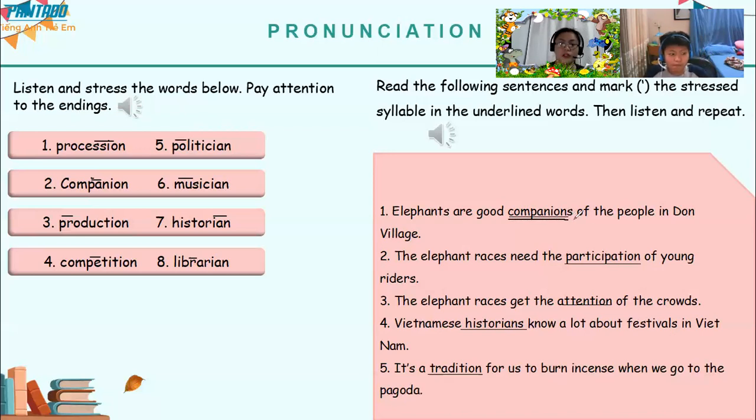But read the sentence first. Elephants are good companions of the people in Don Village. Okay, so the underlined word there is companions. Where should we put our stress mark?